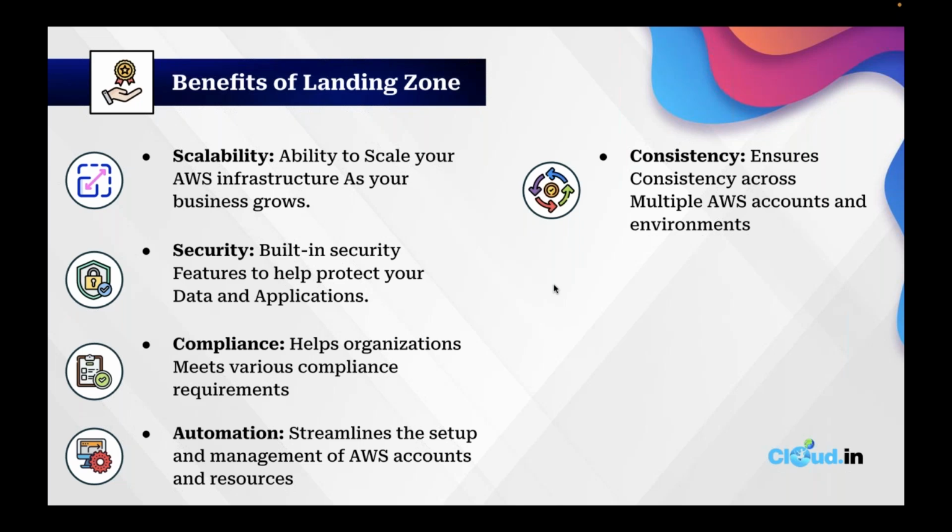Second is security. Obviously there are multiple SCPs, the service control policies, where predefined policies are applied to your AWS account at the starting phase only. For example, let's say you wanted to apply a policy for the S3 bucket, where any objects you put into the S3 bucket do not need to be publicly accessible.